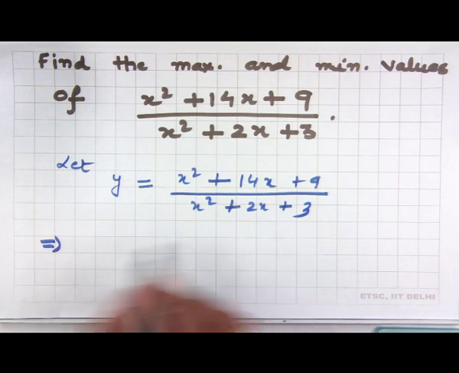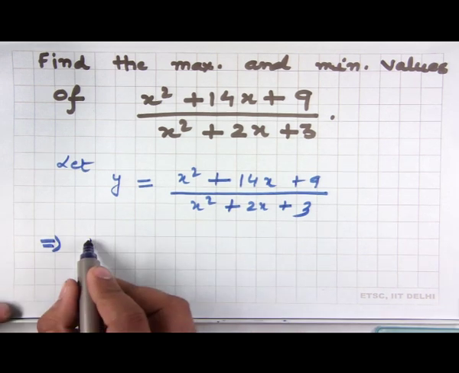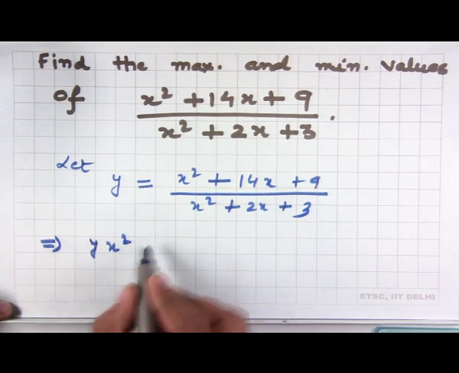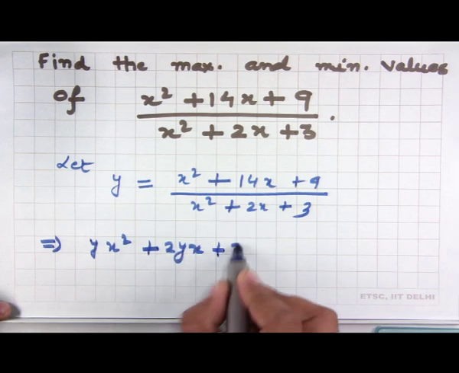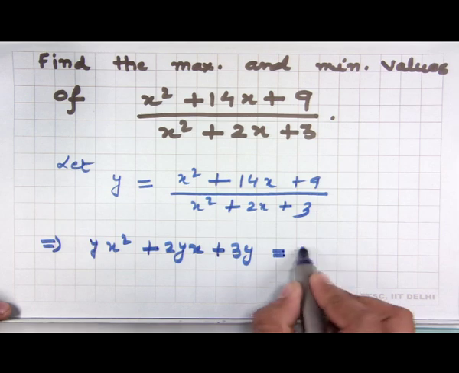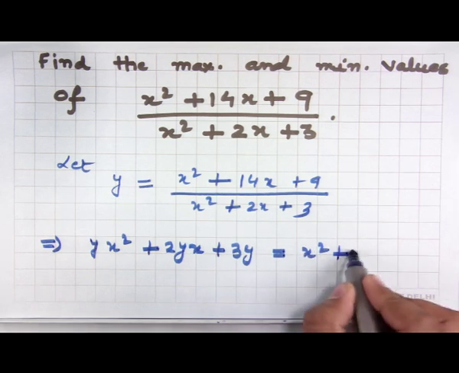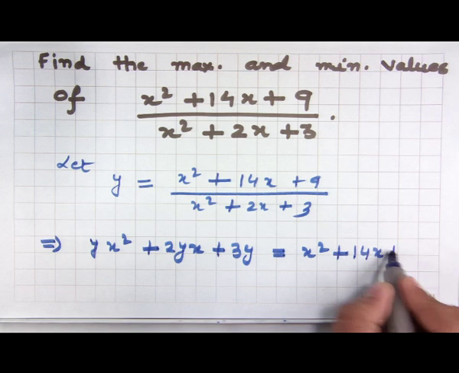By cross multiplication you will get yx² + 2yx + 3y = x² + 14x + 9.